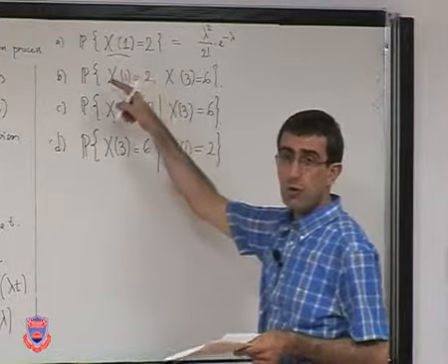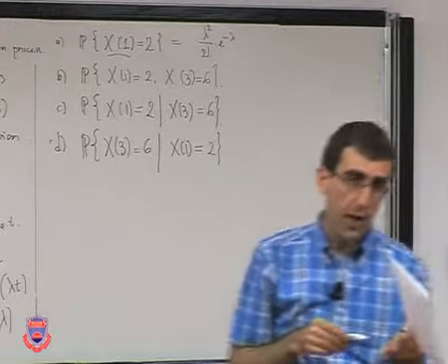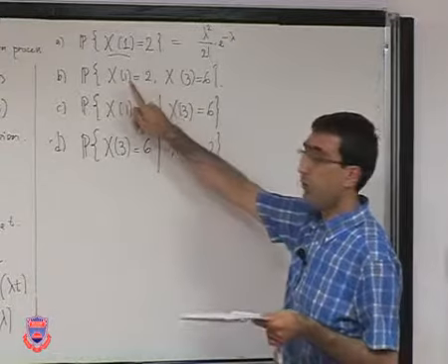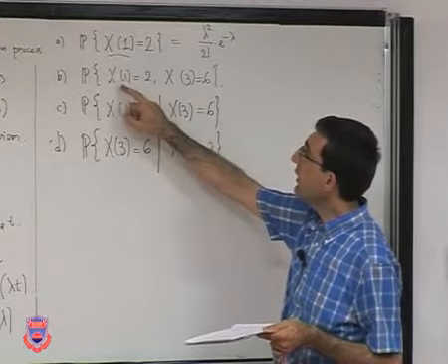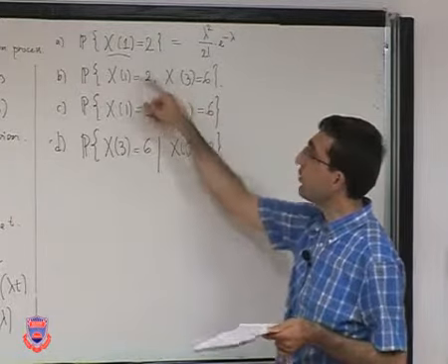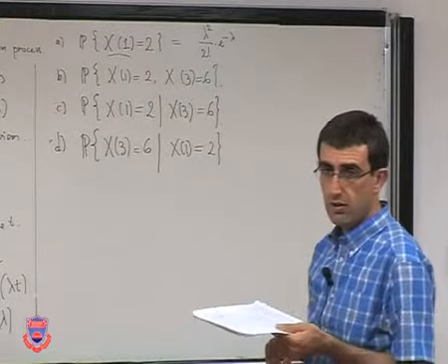Now how do I calculate this? Two random variables. Do I know the joint distribution of these two? Perhaps, but at least at this moment I have to be careful that the random variables X_1 and X_3 are not independent. This is not just the product of the individual probabilities. Why are they not independent?